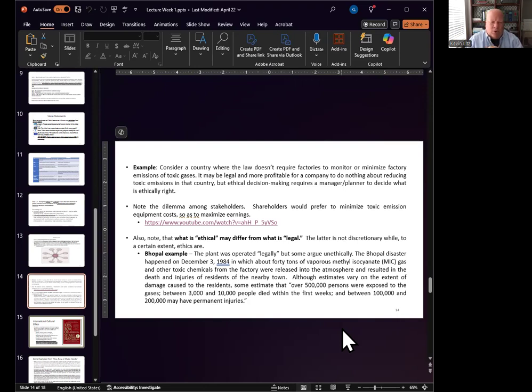But basically, in Bhopal, India, many years ago, a company goes in and sets up this chemical processing plant, and they followed all the laws, but it was terribly dangerous. And the release, 500,000 people exposed, 3,000, 10,000 died, et cetera.